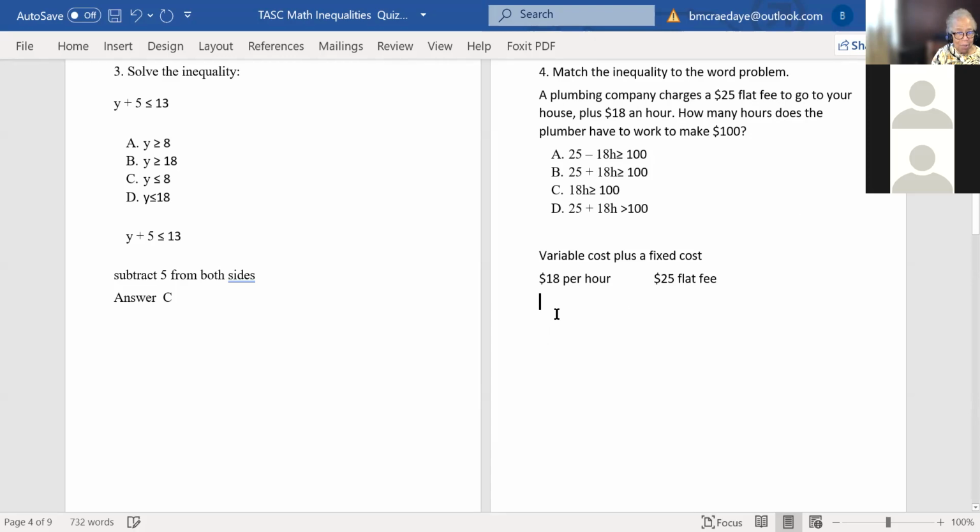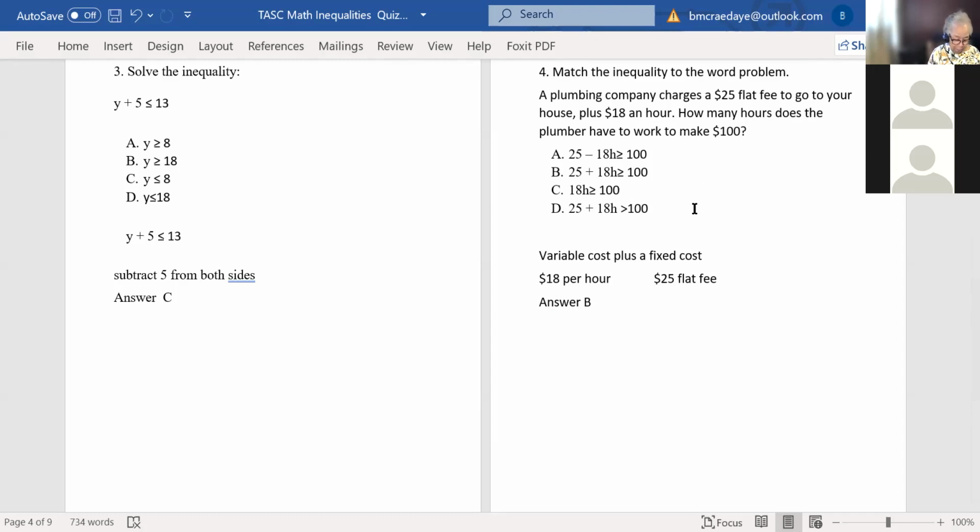So your answer would be B. And you see why it is? Because it says to make $100, and D does not say to make greater than 100. So he could make $100 or greater. So the answer has to be B. Questions?